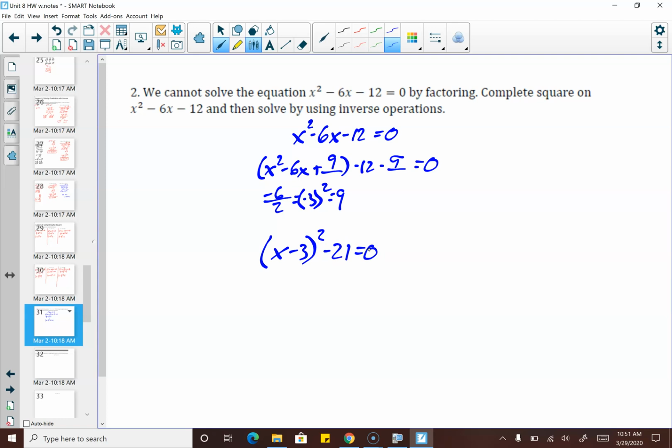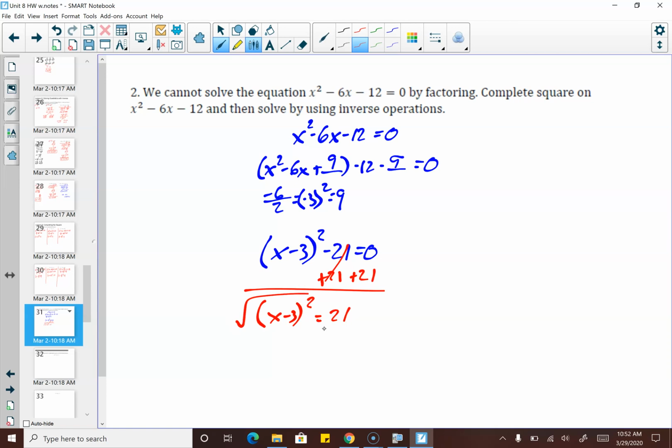Well, we have a parenthesis squared, and we have a number, and we're set equal to 0. Obviously, we're not factoring. But when we use inverse operations, we can then add our 21 over to the other side. So plus 21, plus 21. That gives us x minus 3 squared equals 21.